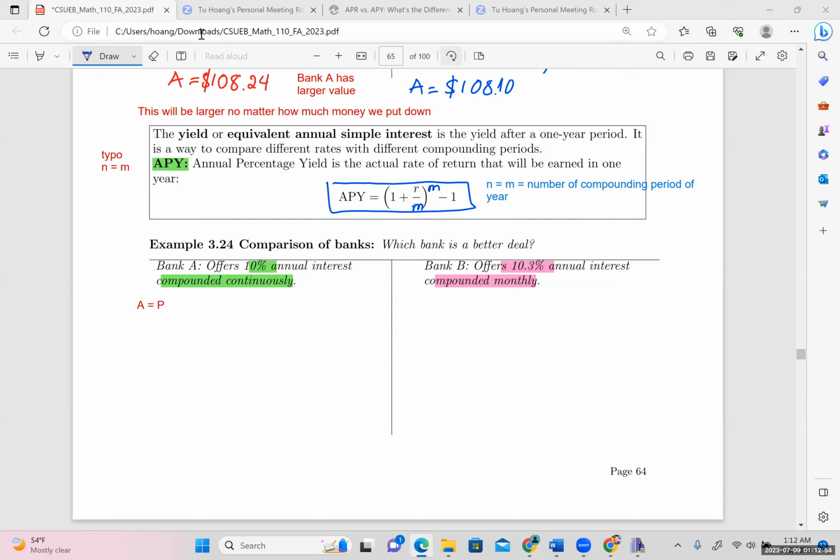So in another word, I would say that APY is used to convert any compound interest rate to a simple interest rate in 1 year.